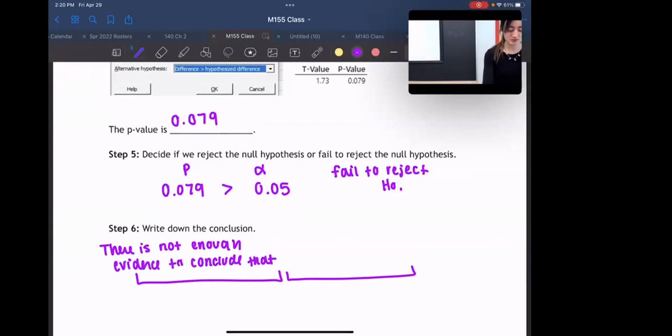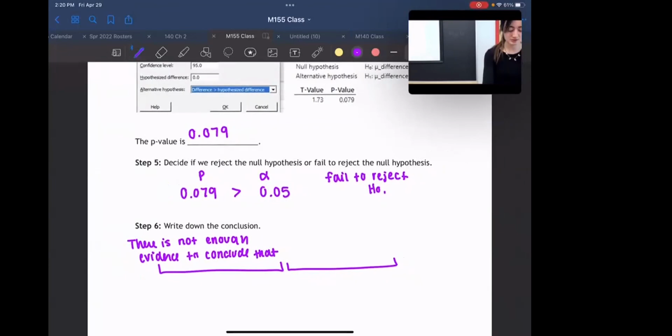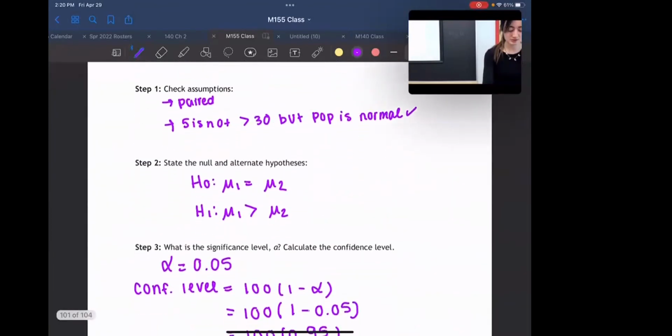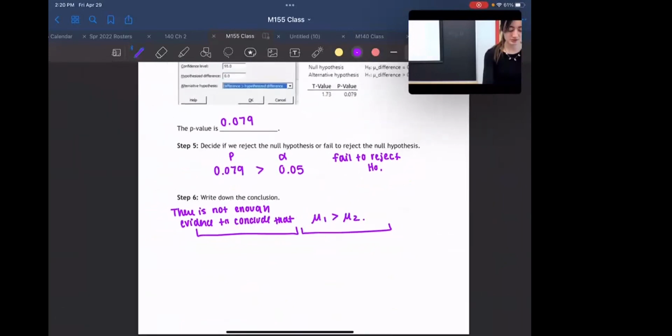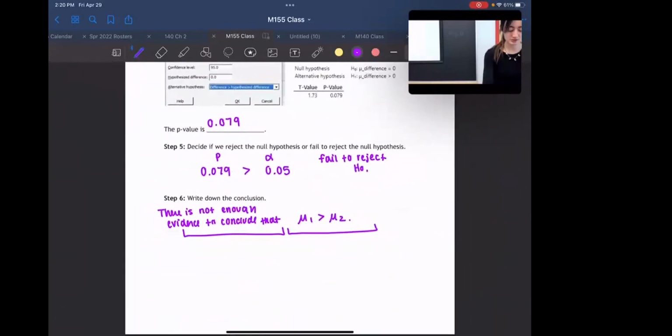And what is the sentence going to end with? H1, the alternate hypothesis. Just taking a peek back at the alternate, it says mu1 bigger than mu2. So that's literally what I'm going to write. Mu1 bigger than mu2. And that's all we do for these sorts of questions.